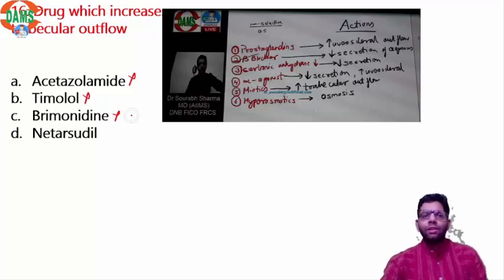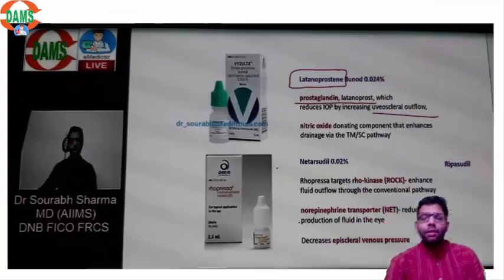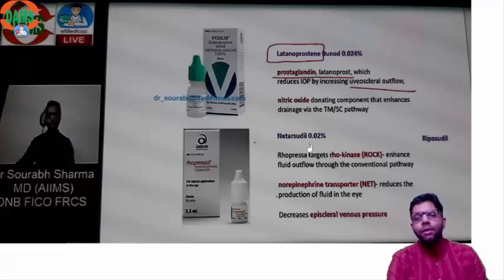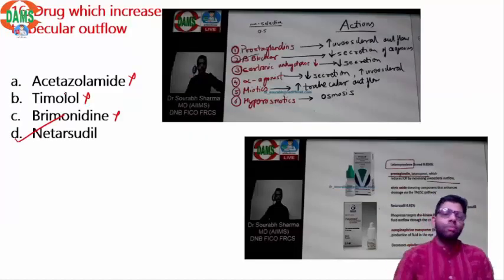It is not increasing the conventional outflow. Conventional outflow is increased by a new drug, netarsudil. I always mention this in the video I gave in the eMedicoz app: netarsudil has a triple action. It increases the trabecular outflow, it reduces the production also, and it decreases the episcleral venous pressure also. So netarsudil was the answer here, which is increasing the trabecular outflow.